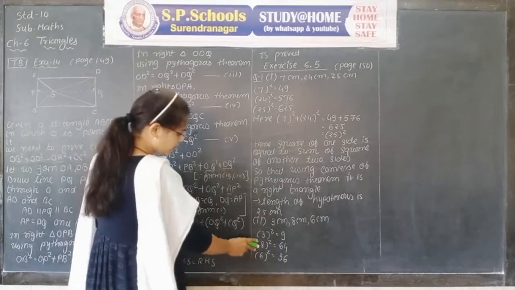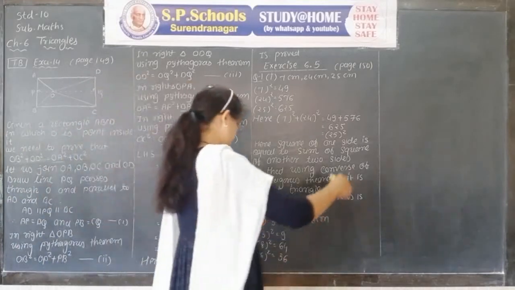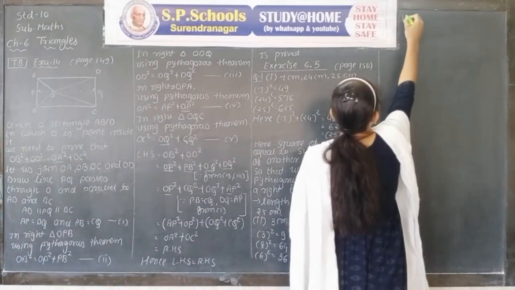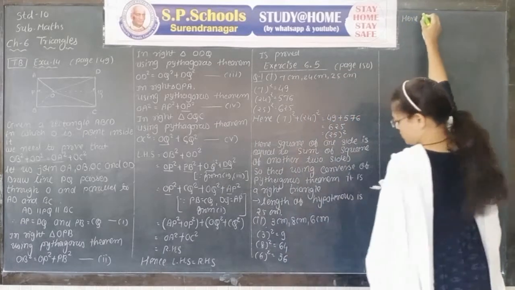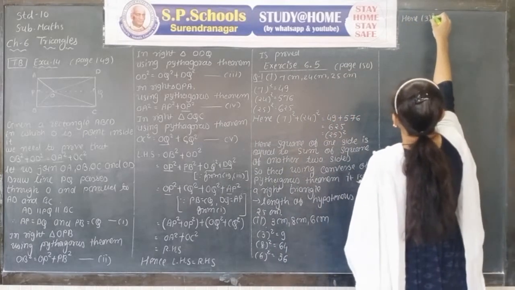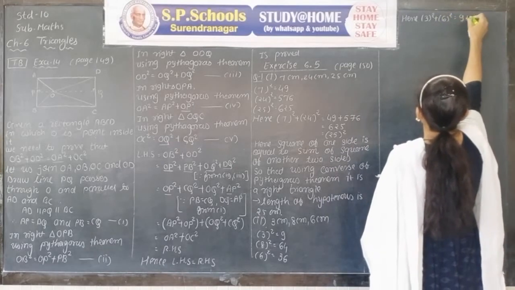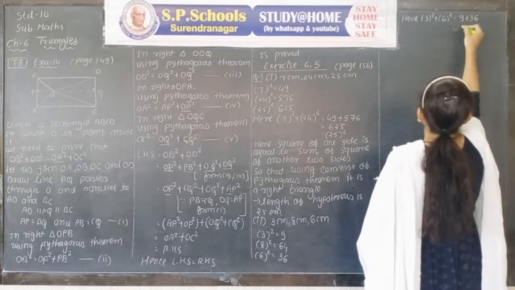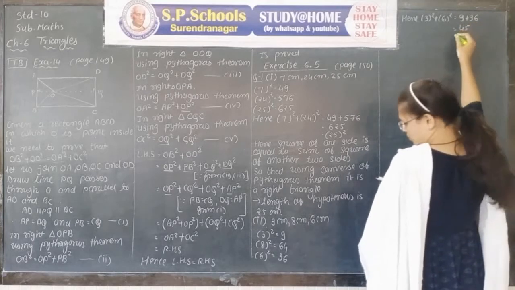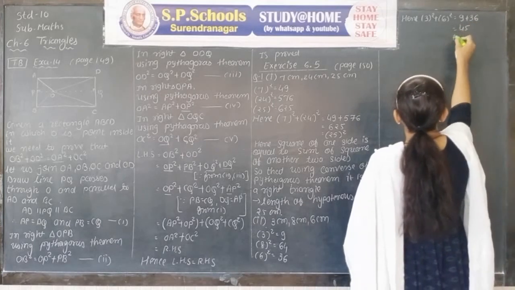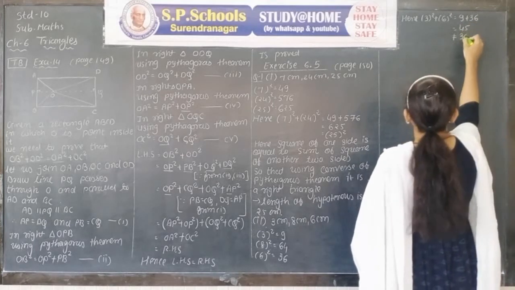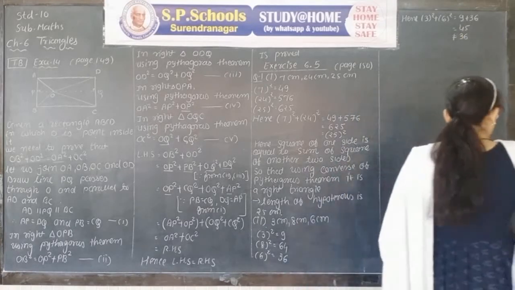Now take the addition of the squares of the two smaller sides. Here, square of 3 plus square of 6 is equals to 9 plus 36 is equals to 45, which does not equal the square of the other side, which is 64.